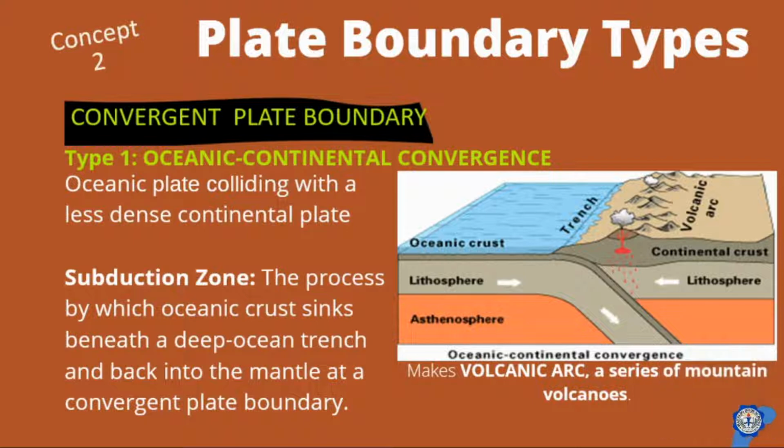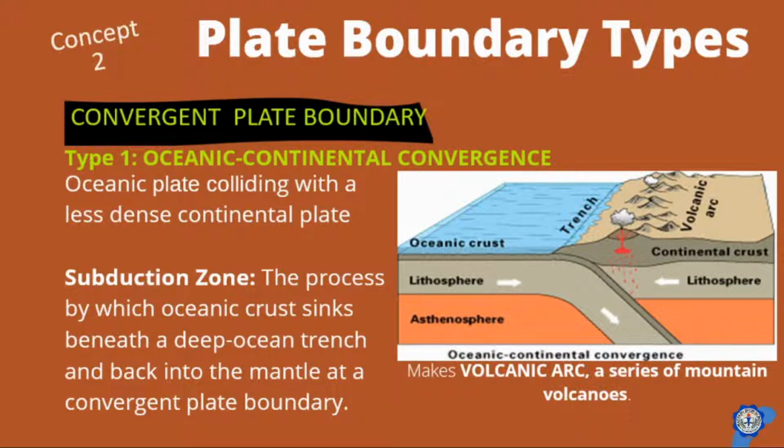Subduction zone is the process by which oceanic crust sinks beneath a deep ocean trench and back into the mantle at the convergent plate boundary. And as what you can see, this type of convergent plate boundary makes up volcanic arc, or what we call a series of mountain volcanoes, illustrated in our picture.